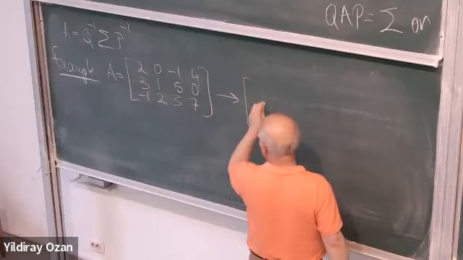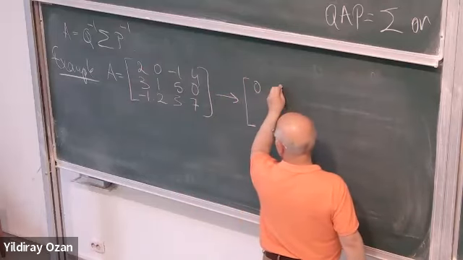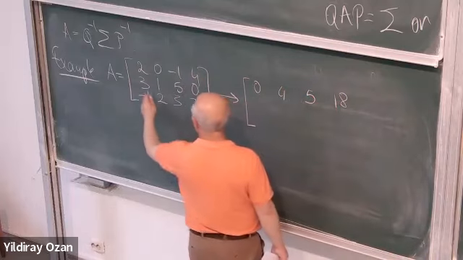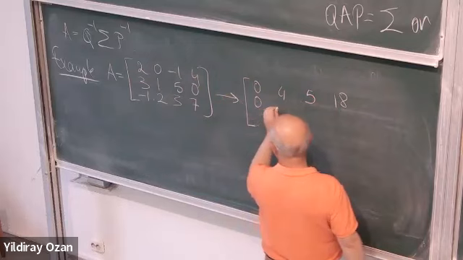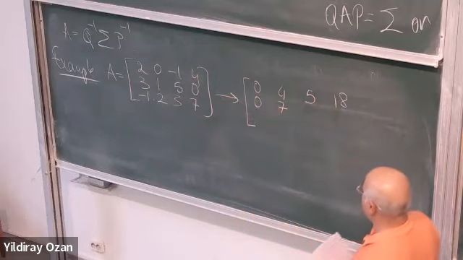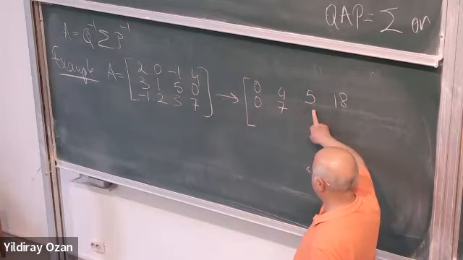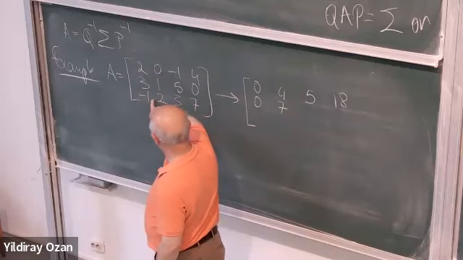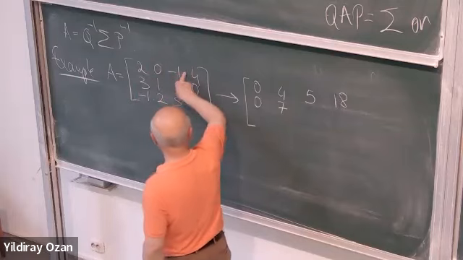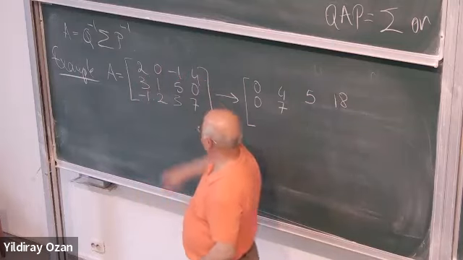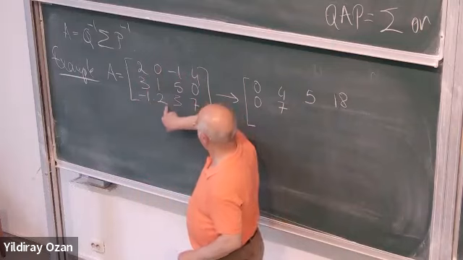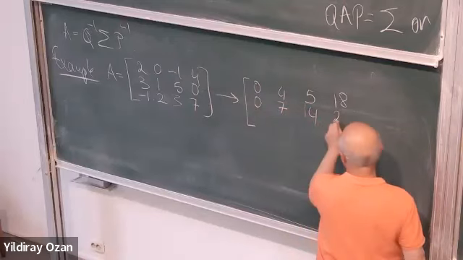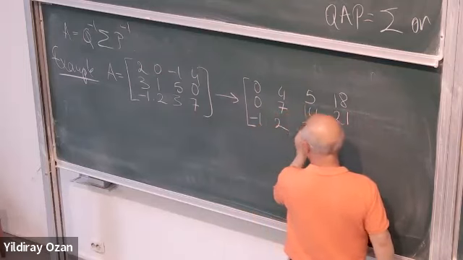Multiplying by 2 and adding here, I get 0, 4, 5, and 2 times gives 18. Then multiply by 3 and add: 0, 7, 9, 14, and multiplying by 3 and adding gives 21. Minus 1, 2, 3, 7.